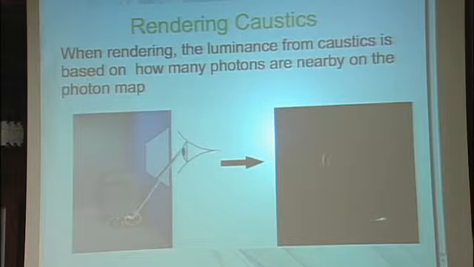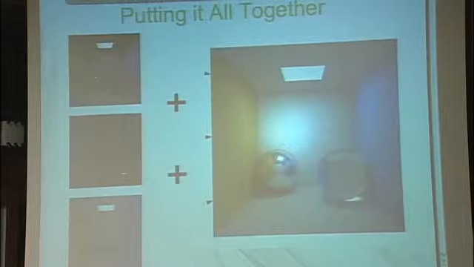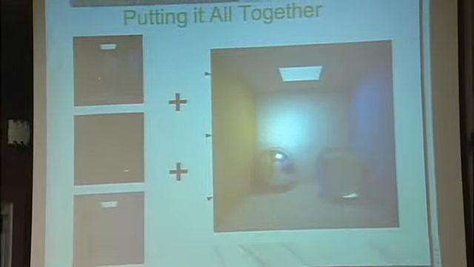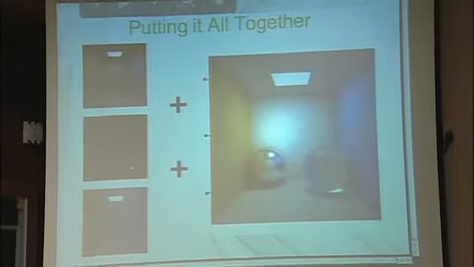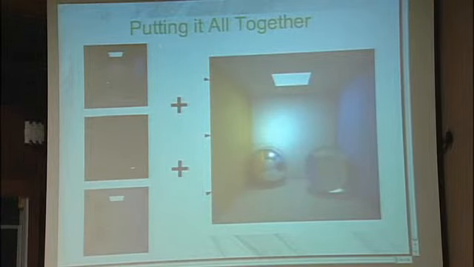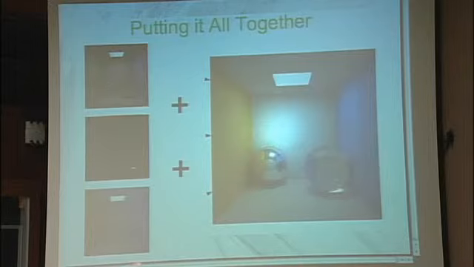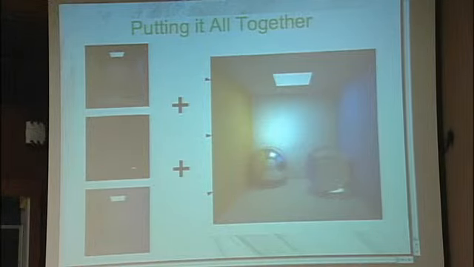And you end up with something like this if you just do caustics shading. So then at the end, you take your direct illumination and then add it to caustics and then add it to global illumination, and you get something that looks like this.